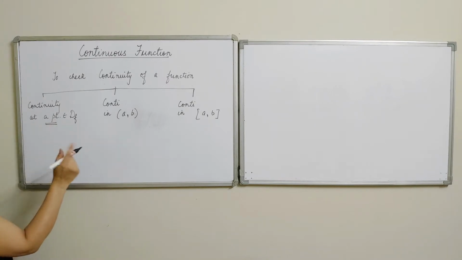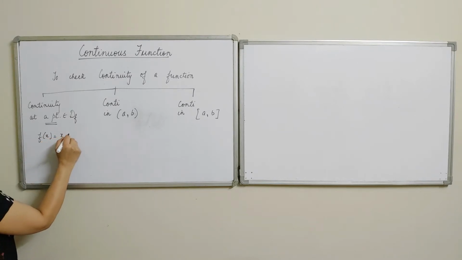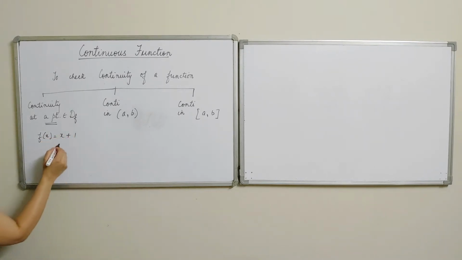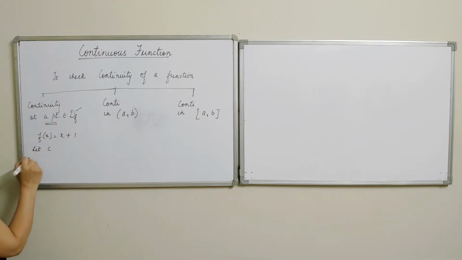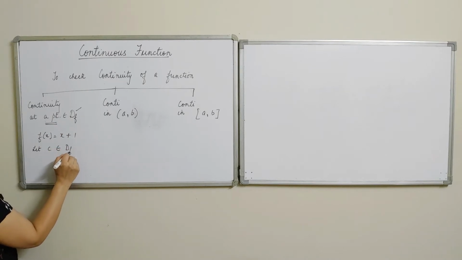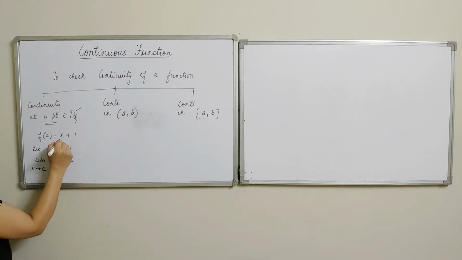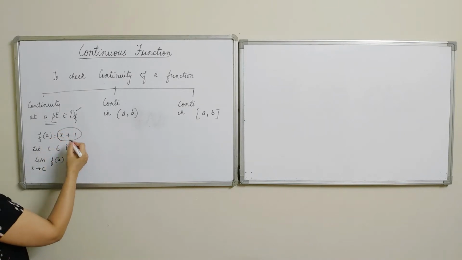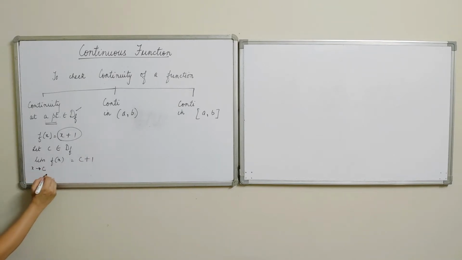If we are given a point, here I'll take an example. Suppose the function is f(x) = x plus 1, and we know the domain of the function is the set of all real numbers. This point is already given, so let the point be C. So we will find out the limit of the function when x tends to C. Here you can see that the function is a polynomial function, hence by direct substitution the limit comes out to be C plus 1.